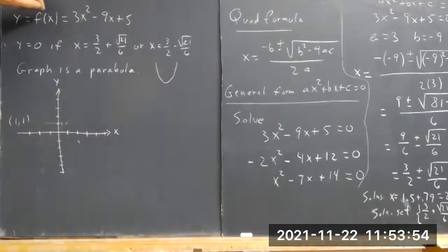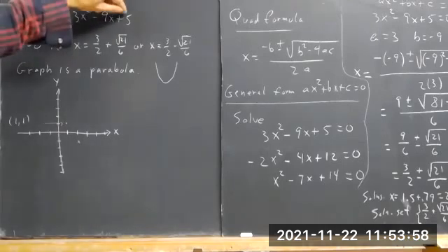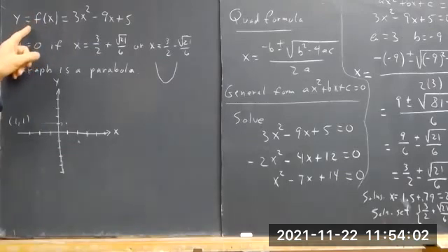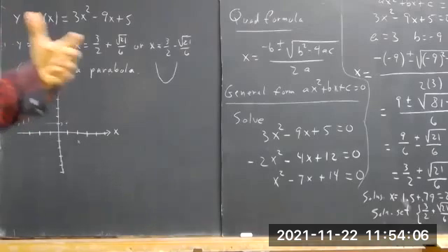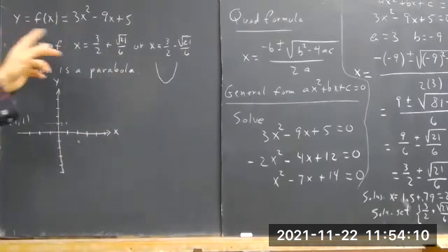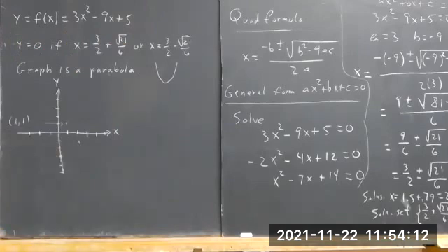We have y equals a function of x, f of x equals 3x squared minus 9x plus 5. And don't worry too much about that f of x. It's just a way of naming this and referring to general points on the graph. And we'll see more about this later.